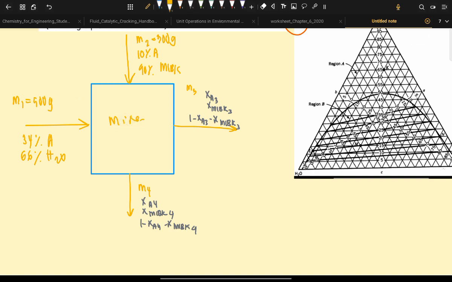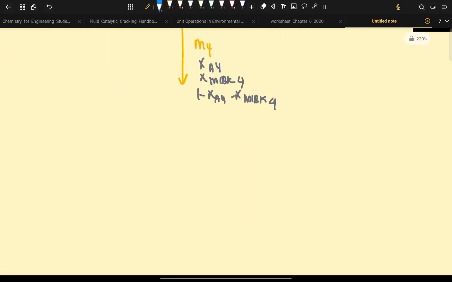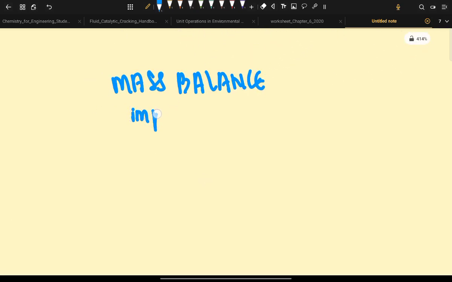So if we want to know the actual mass or the actual percentage of the mixer to get the resulting mass, we can do the total balance here, which is mass balance. Okay, input equals to output, right? So input equals to output.